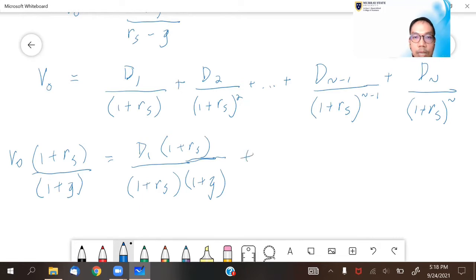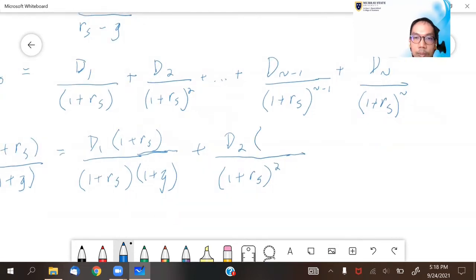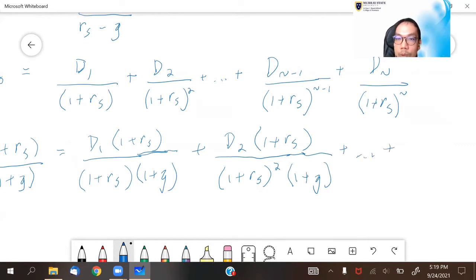Okay, and then for the second one, originally you have this one, then you multiply it with 1 plus RS divided by 1 plus growth, okay, and so forth. Then the last one, and the original version would be like this.